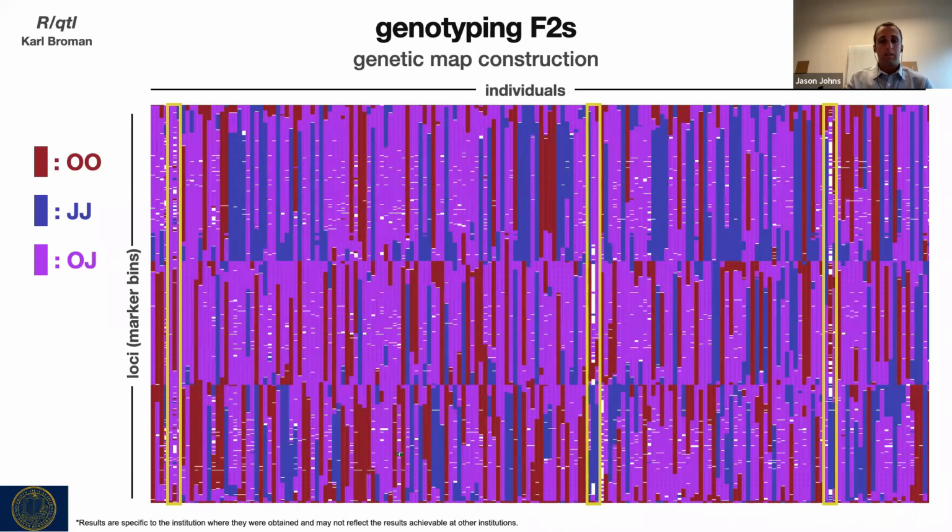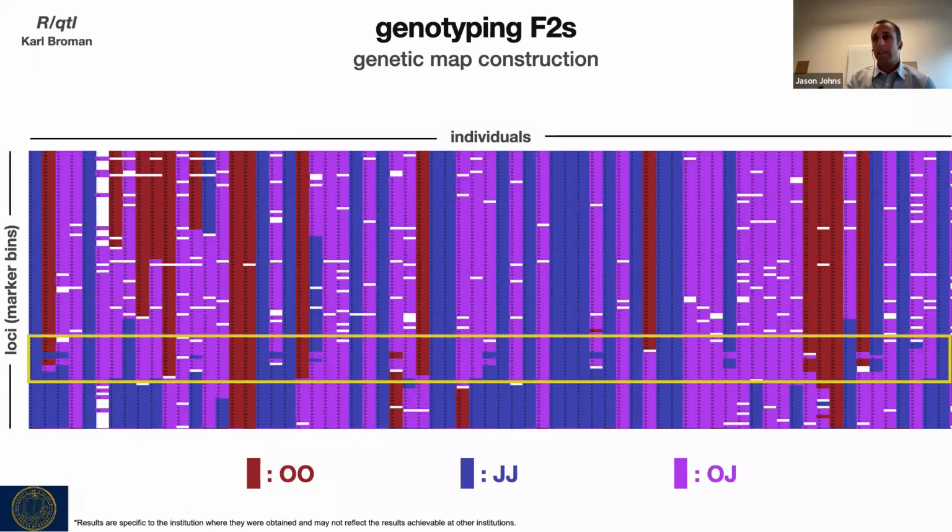Here's a quick example of that. We can see in this individual it's going from homozygous origami directly to homozygous Jonesii, which would require two recombination events within the same marker. And then it would have to happen again, just another megabase away, and then another recombination event, and so on.